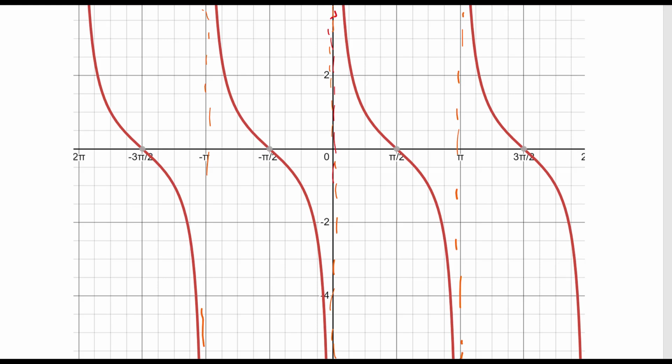So still the same period being pi, but the y-axis is a vertical asymptote. And that's one of the tricks I've noticed on these problems.